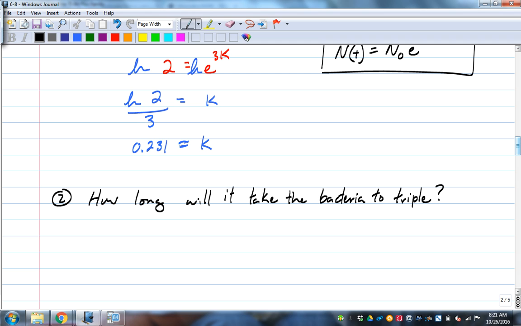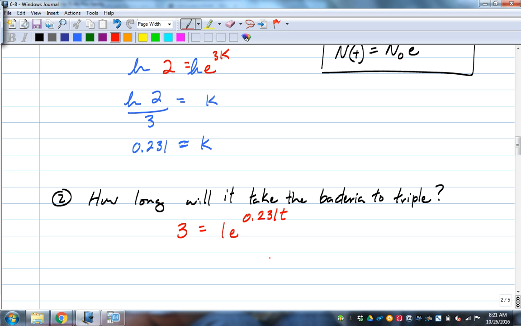How long will it take the bacteria to triple? So how do we set that up? Same thing. Step 2, put 3. But this time we're looking for what? The time, not the growth rate. We know the growth rate is 0.231.